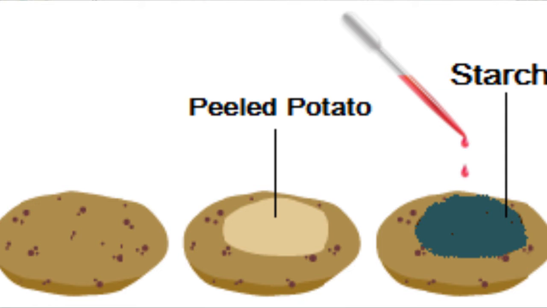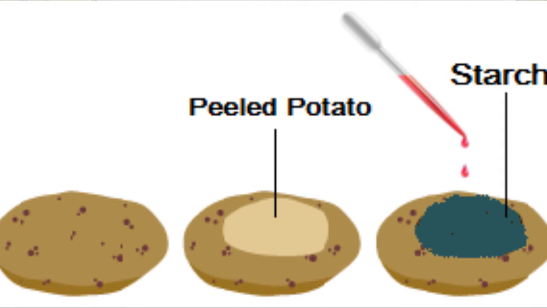Simply take one potato and cut it from the center, and take iodine solution and put a few drops of iodine solution on the cut part of the potato. What you will observe is that the cut part where the iodine drops fell converts into blue or black color.